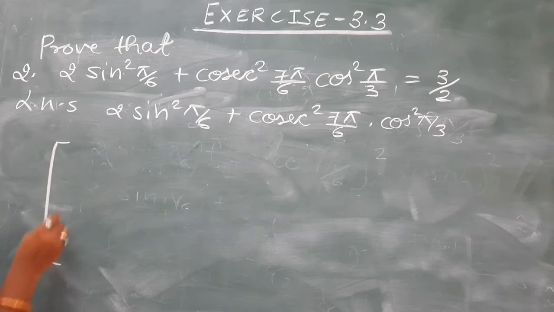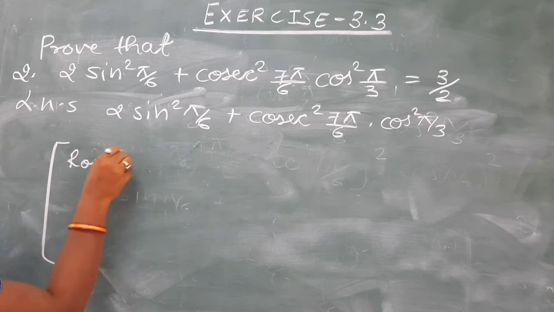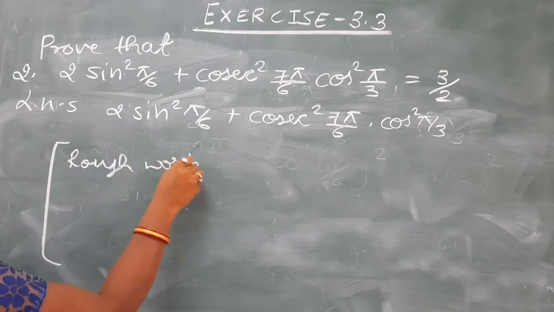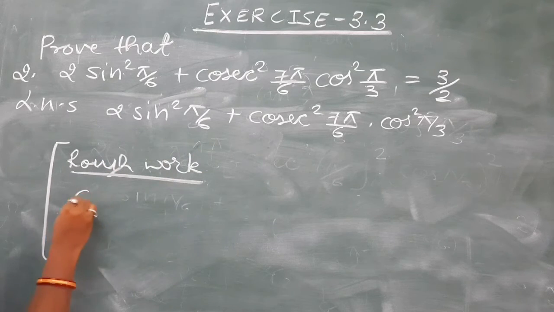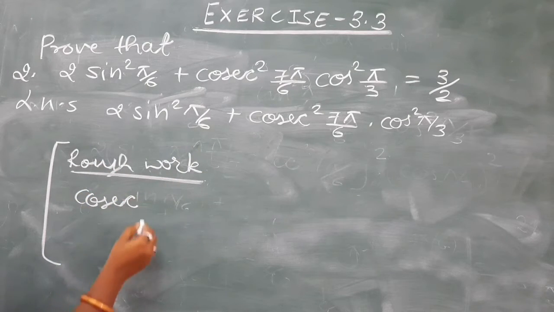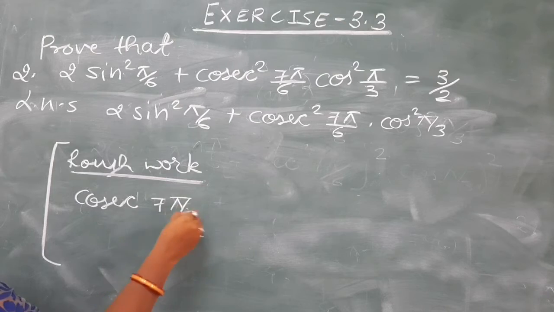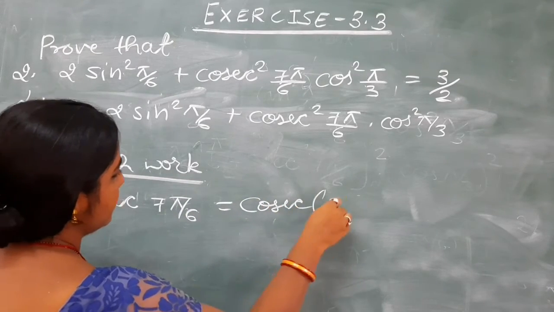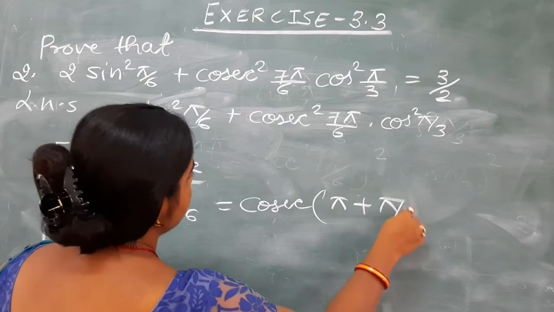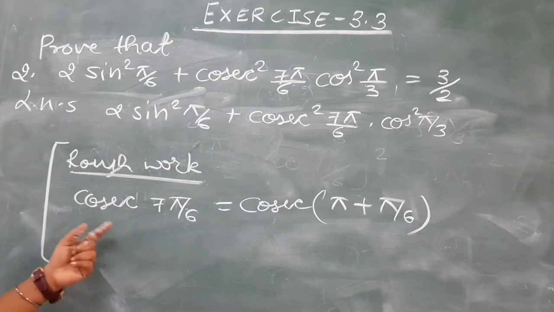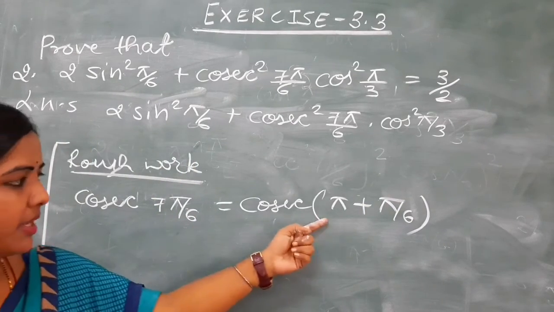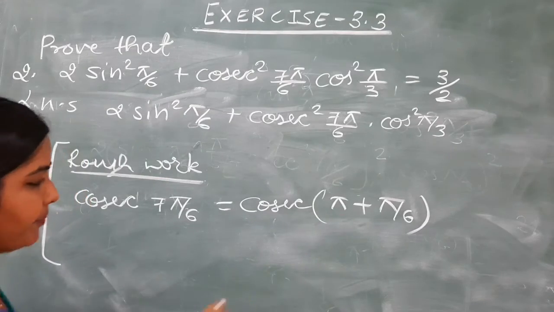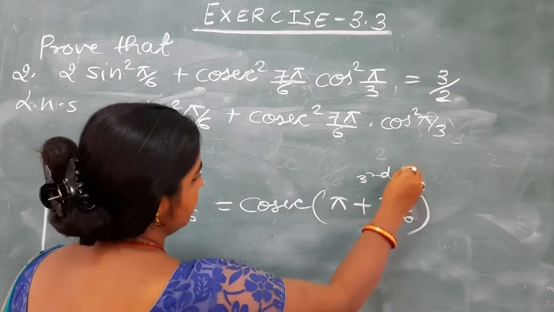So I am finding here cosec 7 pi by 6. We can write this as cosec of pi plus pi by 6. Now this is in third quadrant.